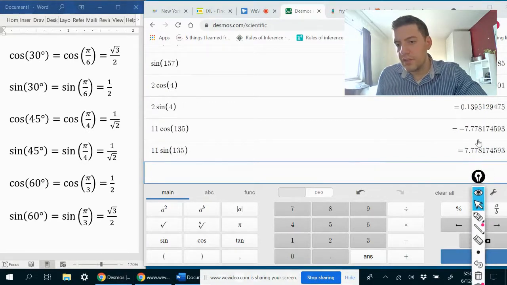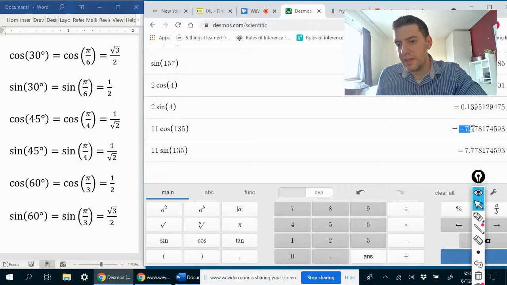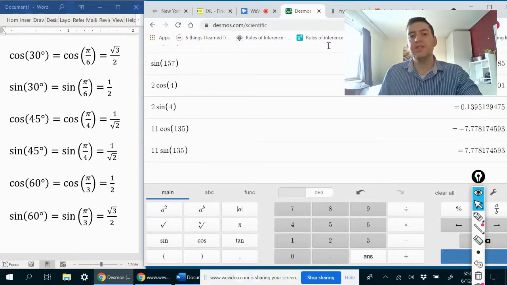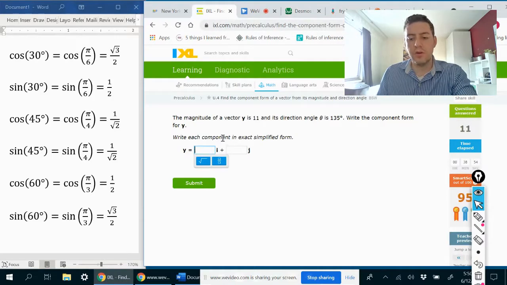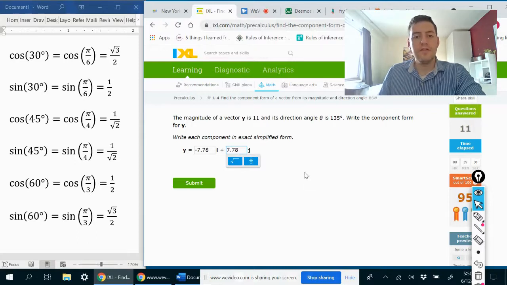For the horizontal component, we're going to round that to negative 7.78, because this 8 is going to bump up this 7 over here. So negative 7.78 for the horizontal component, and 7.78 for the vertical component.